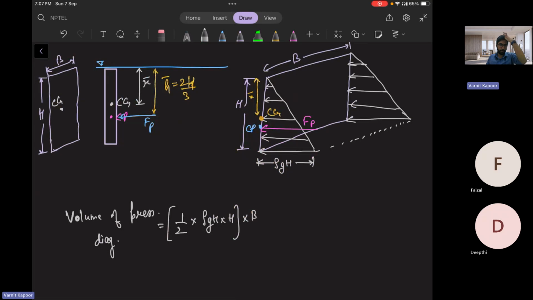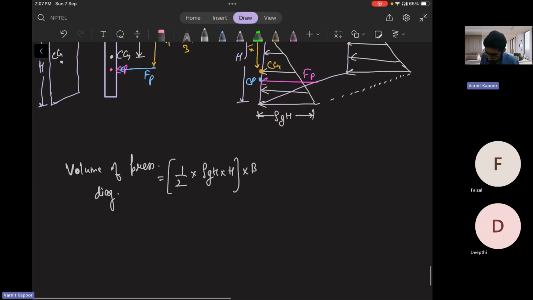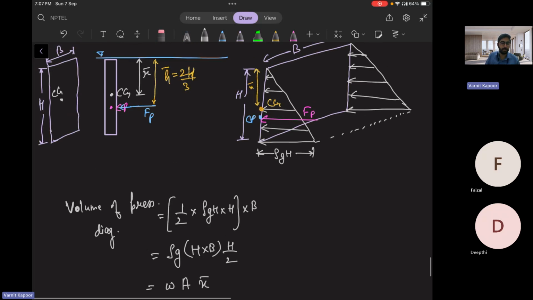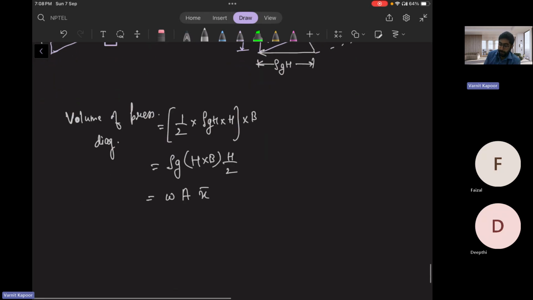Capital B. This is the volume of your pressure diagram. So I can write rho G into H into B into H by 2. Rho G is nothing but your specific weight, W. H into B is your area, and H by 2 is X bar, the center of gravity.